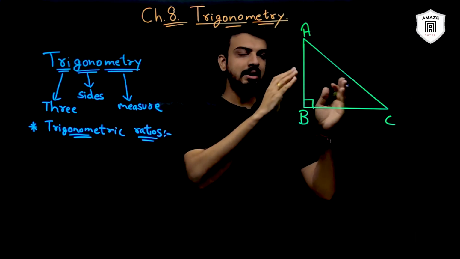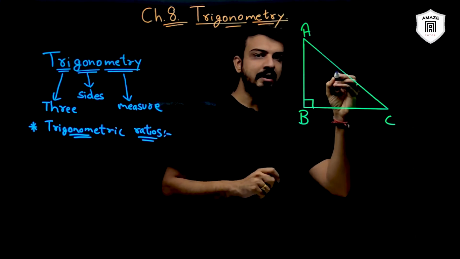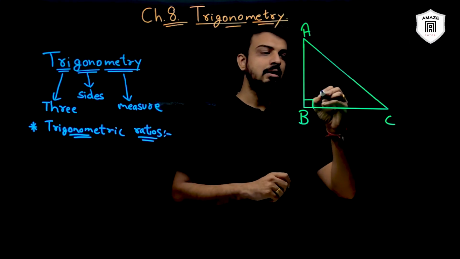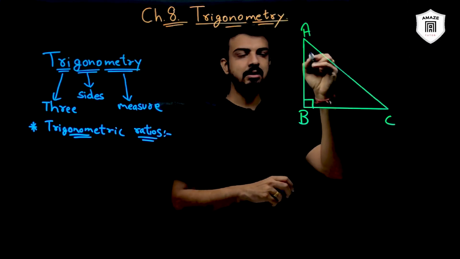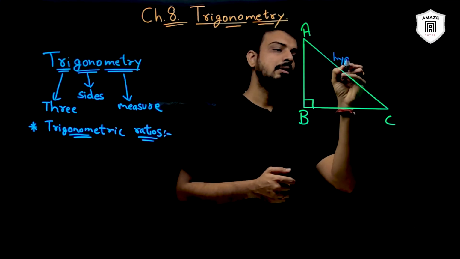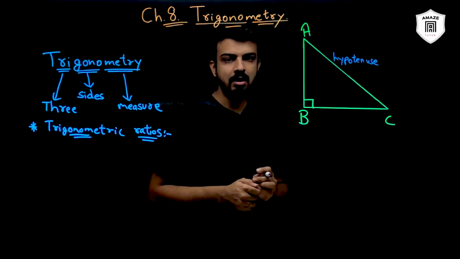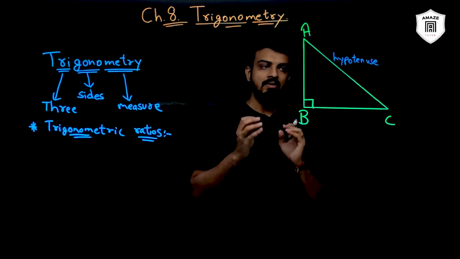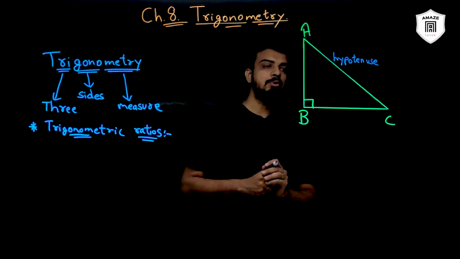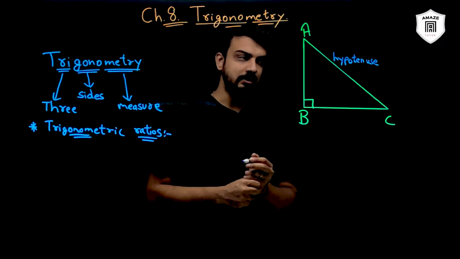Whatever the name given, the side opposite to the 90 degree angle, which is AC here, is called the hypotenuse. In a right angle triangle, you should be aware of how to identify the hypotenuse. So AC is the hypotenuse in this triangle. The side opposite to 90 degrees is always the hypotenuse.